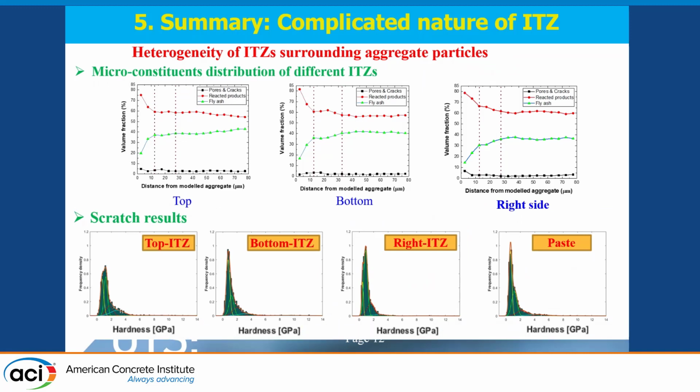From the microstructure distribution, you can see top, bottom, and right side, the same technique and the same sample, but you have different results, from both the SEM analysis and the Nanoscratch results.